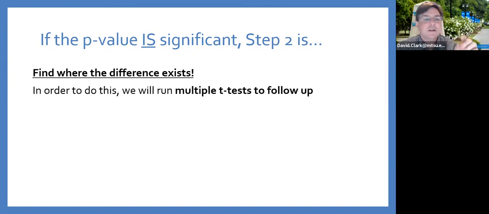So you're going to run follow-up t-tests if a significant difference exists. You're going to run follow-up t-tests if that p-value is less than your alpha. If that p-value is less than your alpha, a significant difference exists, and you're going to have to run t-tests.